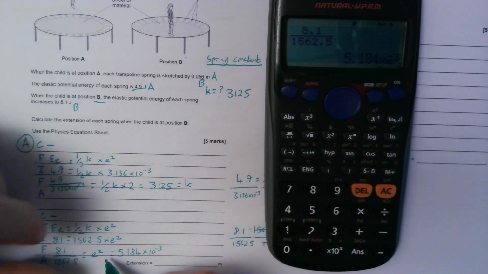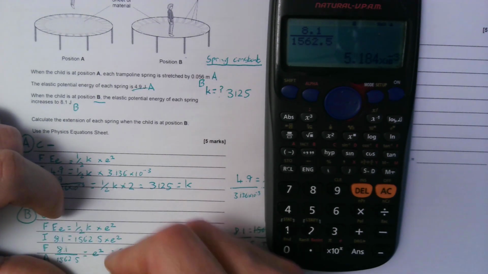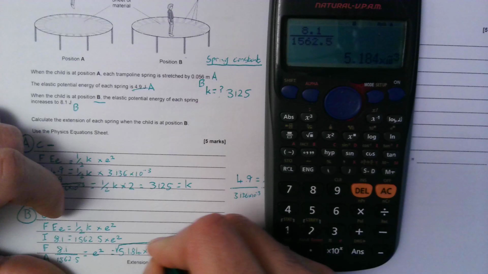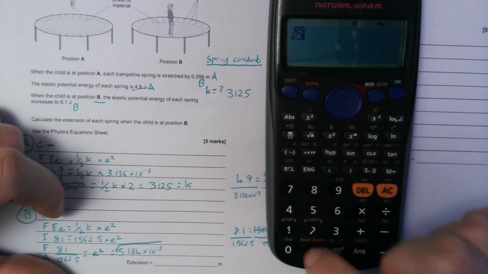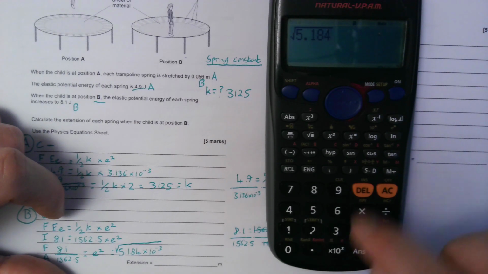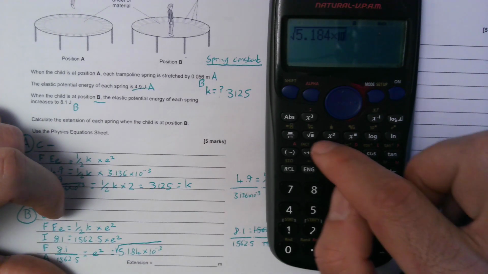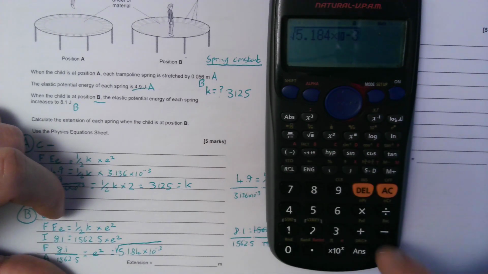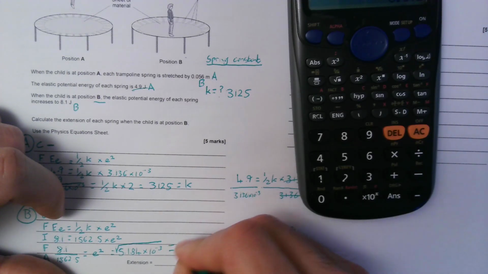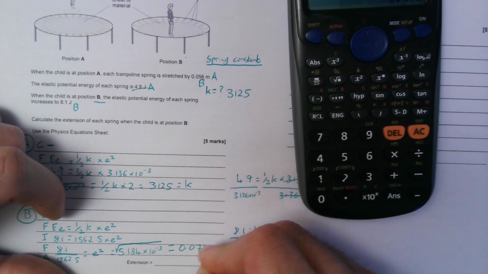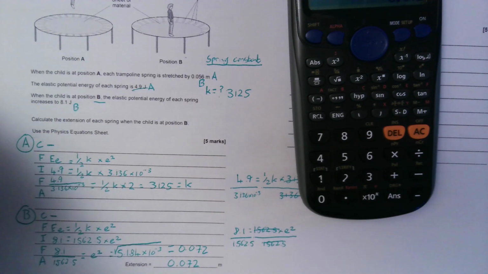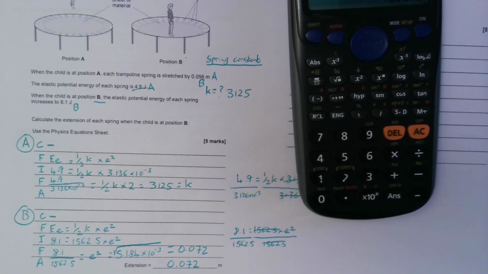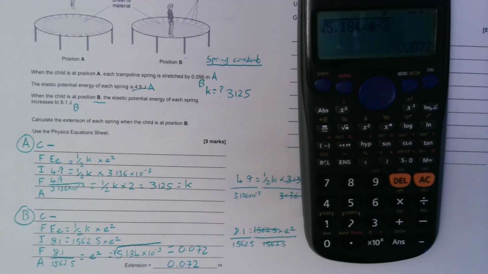Now that's the extension squared, but what we want is just the extension, so we square root that. 5.184 times 10 to the minus 3 gives us 0.072, which is quite a nice number, which is an indication we are right. Hopefully that is clear. Thank you.